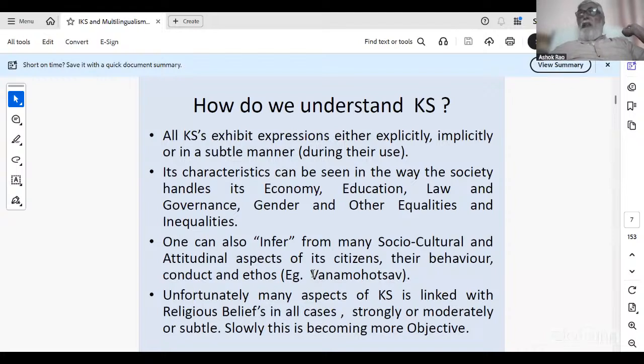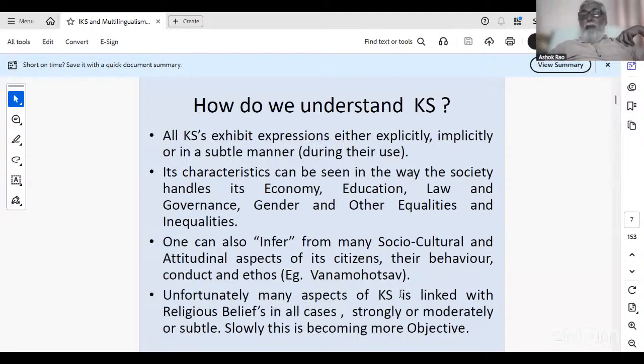We revere the trees because trees have been part of our life, our well-being. It gives us food. It gives us material for construction of house and other things. It gives us medicinal value. It also gives us economic value. So trees are very central to our knowledge system. Trees are not central to many other knowledge systems. I'll come to that. And one of the reasons is the environment in which the knowledge system evolved.